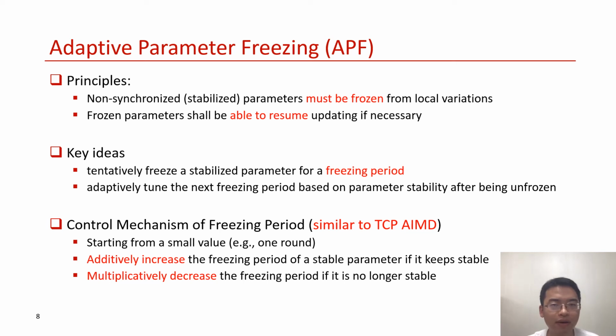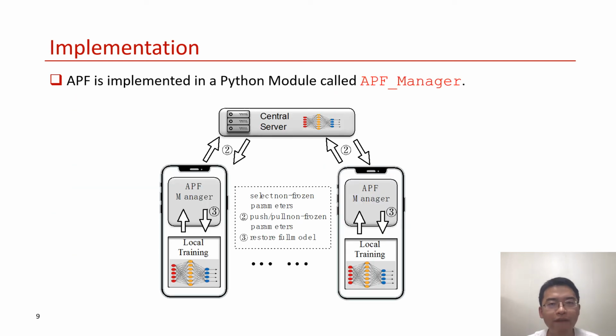Our solution is called adaptive parameter freezing, or APF. We have implemented APF as a Python module called APF Manager in PyTorch. The APF Manager packages the non-frozen parameters into a tensor for efficient transmission. And after synchronization, it will restore the tensor into a full model.